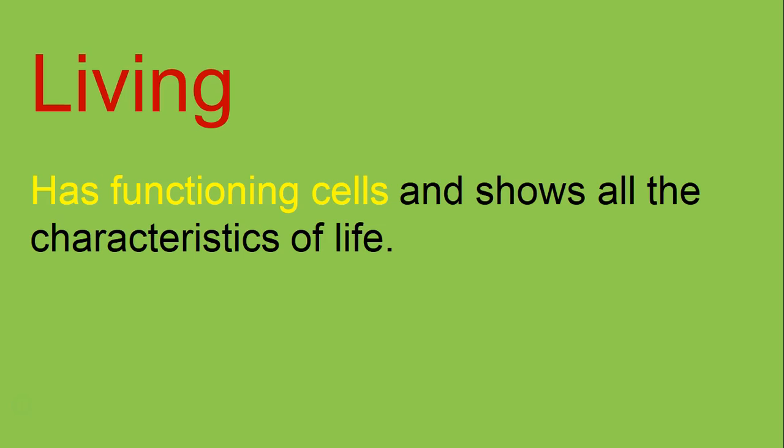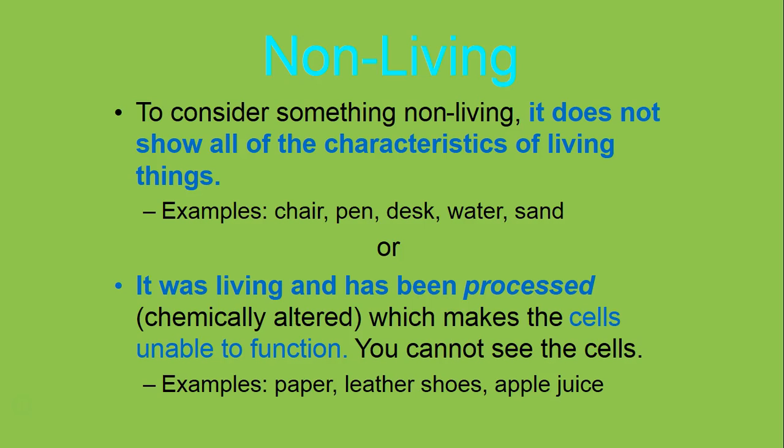Living things have functioning cells and show all the characteristics of life. There are two ways for something to be non-living. Either it's something that does not show all the characteristics of living things and it was never alive to begin with and does not have cells, such as a chair or a pen or a desk, or it was living but has been processed through some sort of chemical alteration which makes those cells unable to function and essentially destroys them to the point where you can't see the cells anymore, such as paper or leather or apple juice.